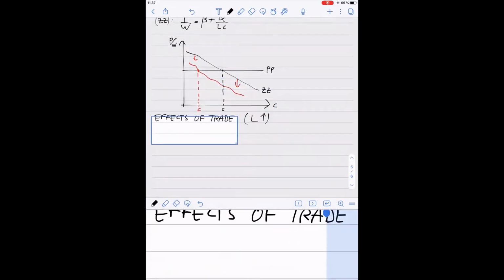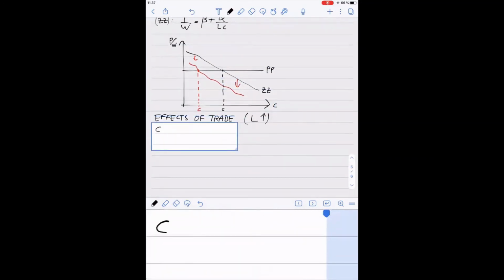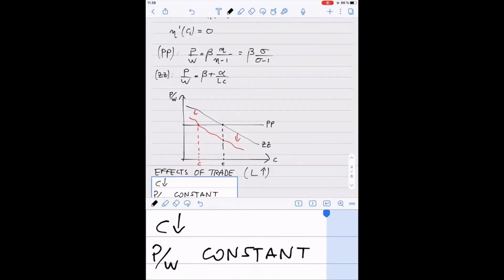C declines, which is the same as in Krugman 79, the previous model. P over W is constant. This makes sense: if the markups are constant, there's no way of changing the price unless you change either the demand elasticity sigma or the marginal cost beta.